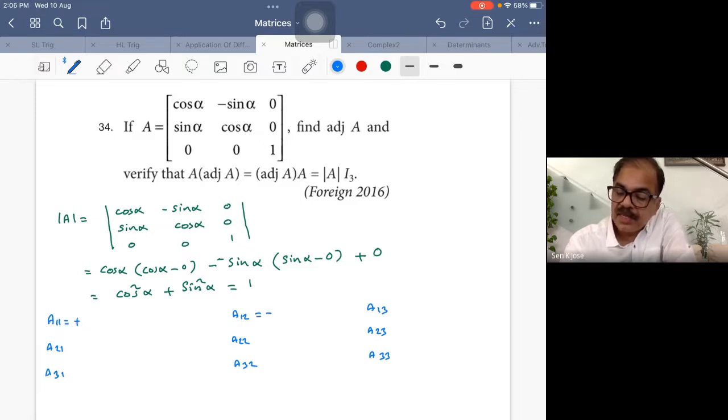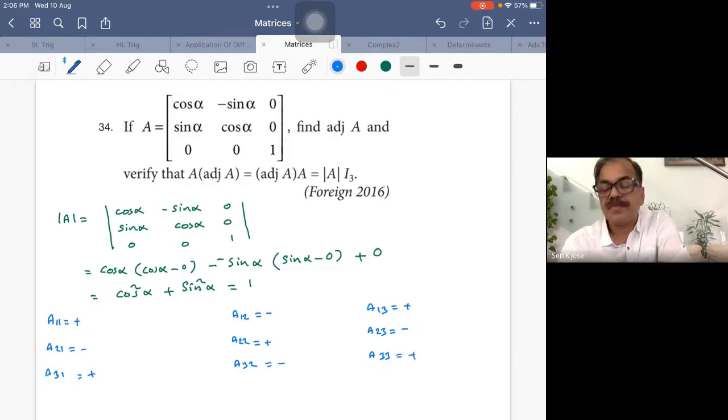The signs are plus, minus, plus, minus, plus, minus, plus, minus, and plus. So I'm going to evaluate it.